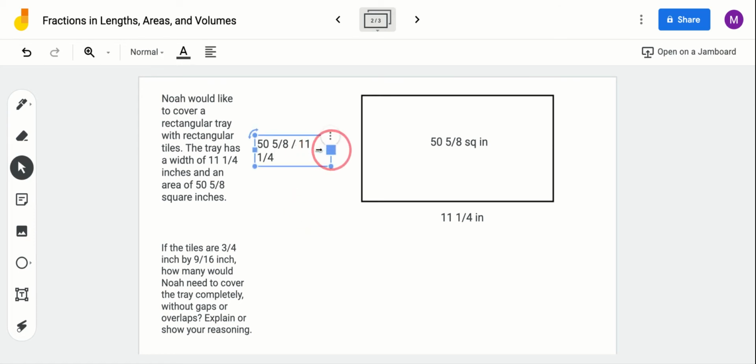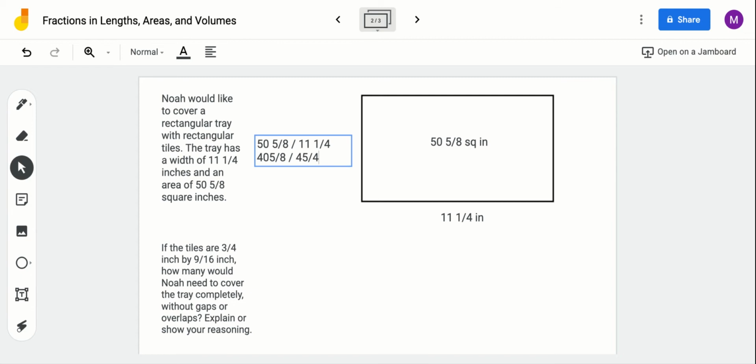And so when we're dividing, it's nicer to not be working with mixed numbers. So 50 and 5/8, I'm going to turn that into just a fraction. 50 times 8 is 400 plus 5, so that's 405/8. That's going to be divided by 11 times 4 is 44, plus 1 is 45.